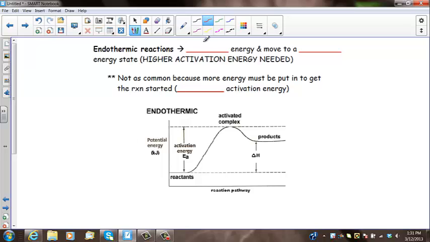In endothermic reactions, we know that energy is absorbed, and we move to a higher energy state, meaning a higher activation energy is needed to get the reaction started. This is not as common because we have to put energy into getting the reaction started. So you can see that in this diagram, this was the endothermic. Look at the size of this activation energy here.